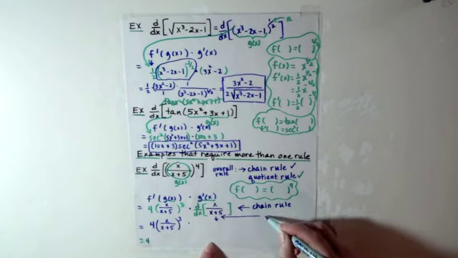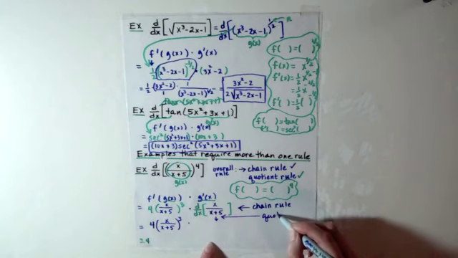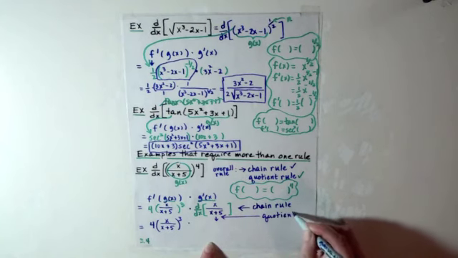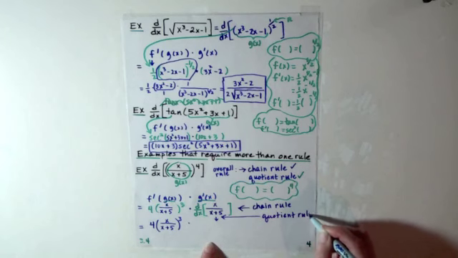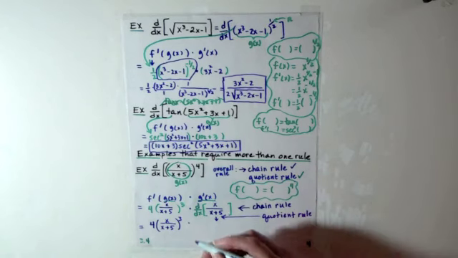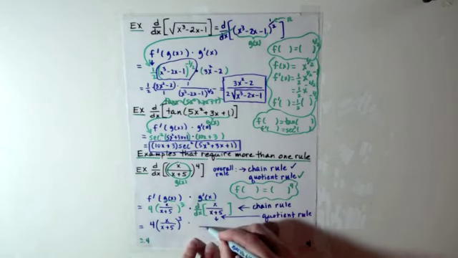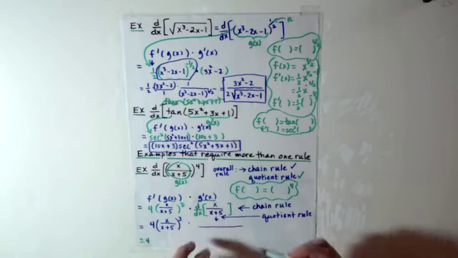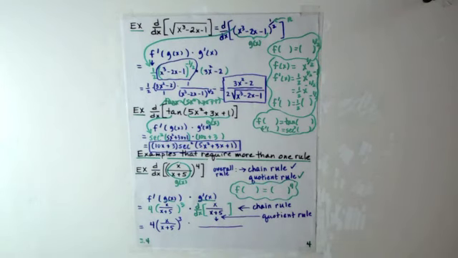That is where I will need the quotient rule, because I notice that the inner function is a quotient. Okay, let's see if we can remember how to do the quotient rule. And if you want to, you can use the low d high method that we talked about, or you can simply use the f prime times g minus g times f prime, all divided by g squared, whichever way you learn the quotient rule.